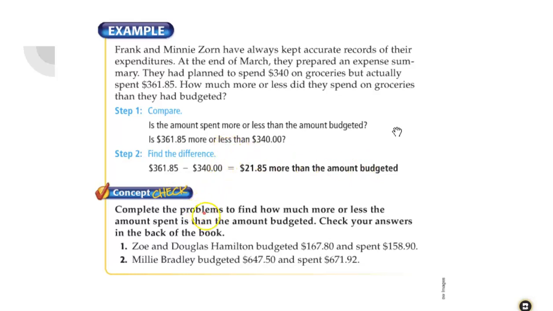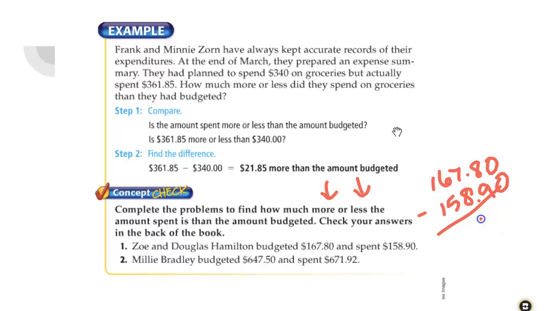So let's complete two other problems. So we're going to say if they're more or less than the amount spent. So Zoe and Douglas Hamilton budgeted $167.80 and spent $158.90. So I'd take $167.80 and I subtract $158.90.